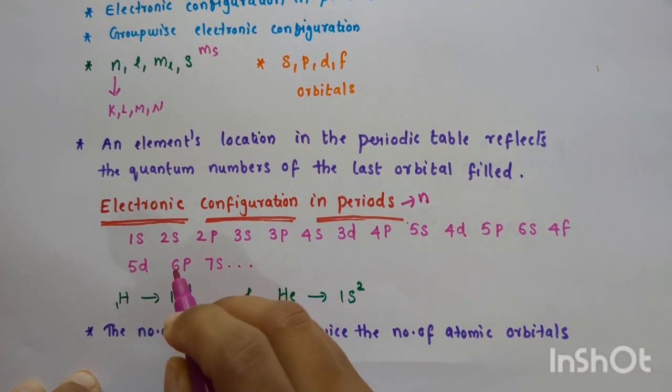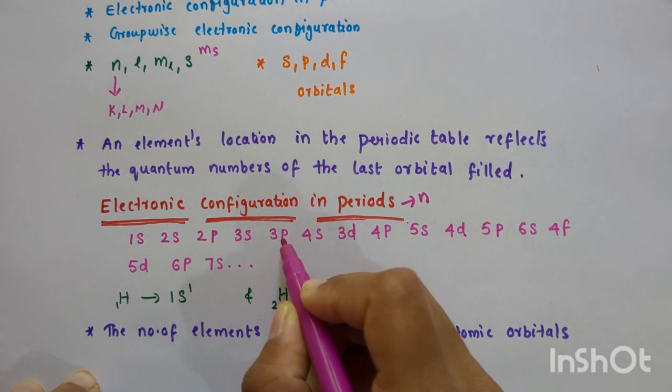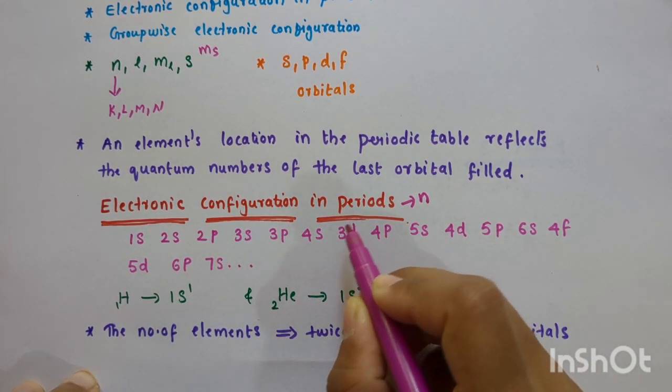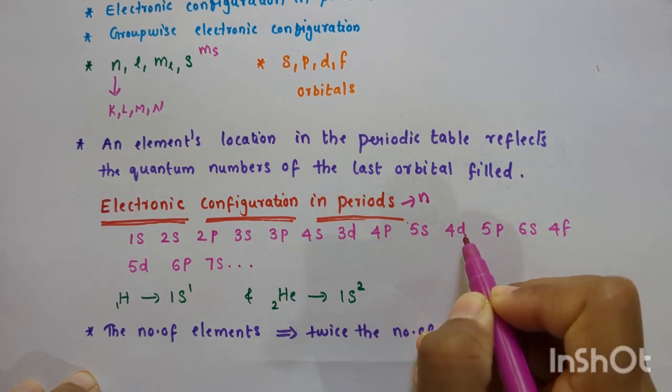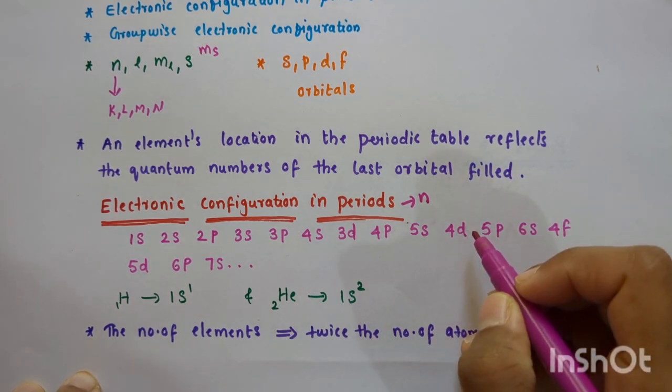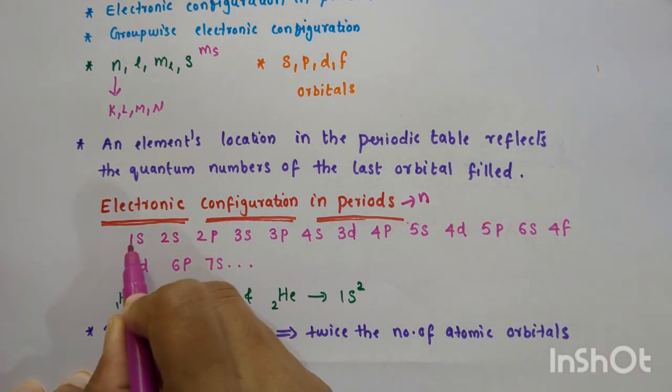The order of energies of the orbitals is 1s, 2s, 2p, 3s, 3p, 4s, 3d, 4p. Only after 3d is filled does the electron go to the 4p orbitals, then 5s, 4d, and so on. For hydrogen, atomic number 1, the electronic configuration is 1s1.